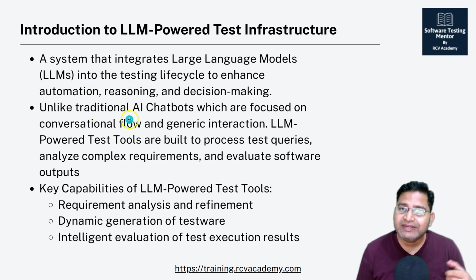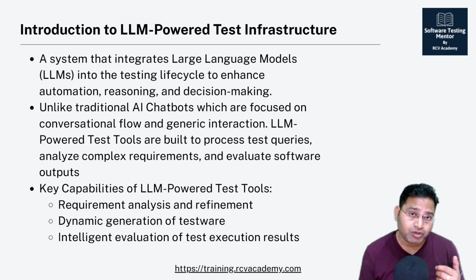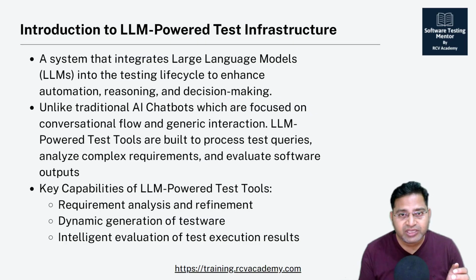Now, unlike traditional AI chatbots, which were focused on conversational flow or generic interaction, LLM powered test infrastructure and tools are built to process test queries, analyze complex requirements, and evaluate software output. For example, Jira now has LLM capability available with the Rovo MCP server, which can fetch a Jira user story directly from GitHub Copilot.